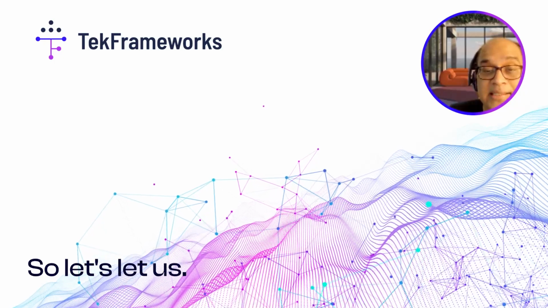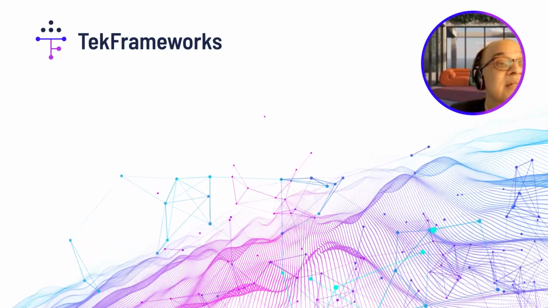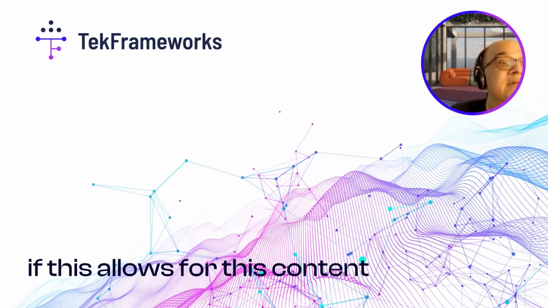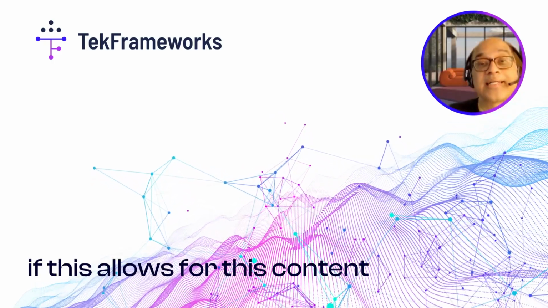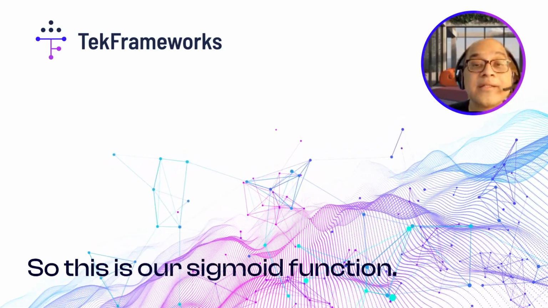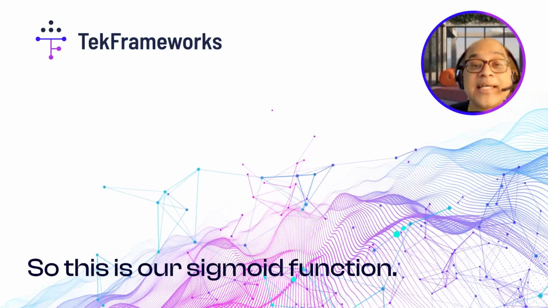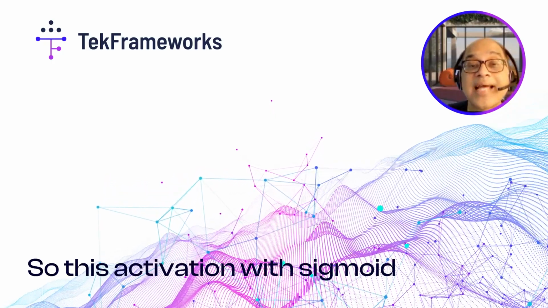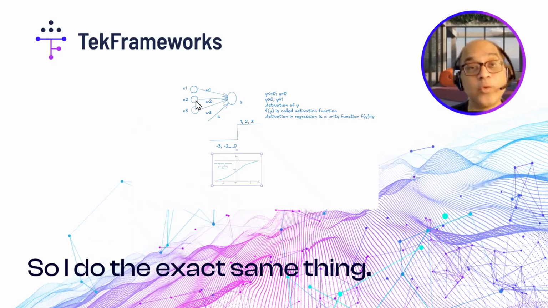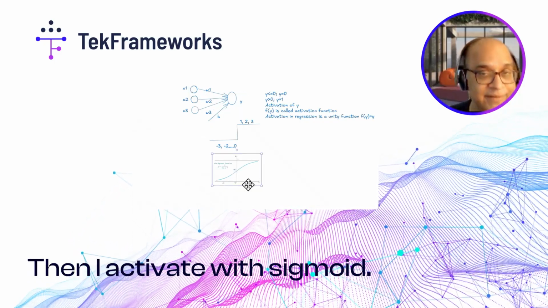Let's see if this allows for cut and paste. Oh, not bad. Okay, so this is our sigmoid function. This activation with sigmoid is a very popular way. So I do the exact same thing, then I activate with sigmoid.